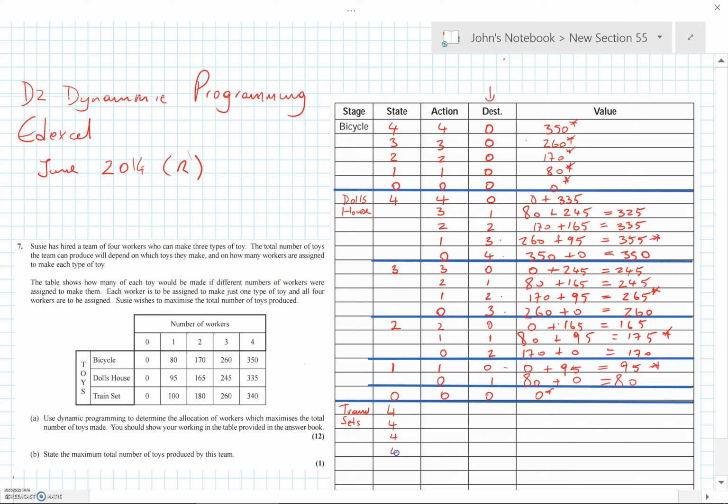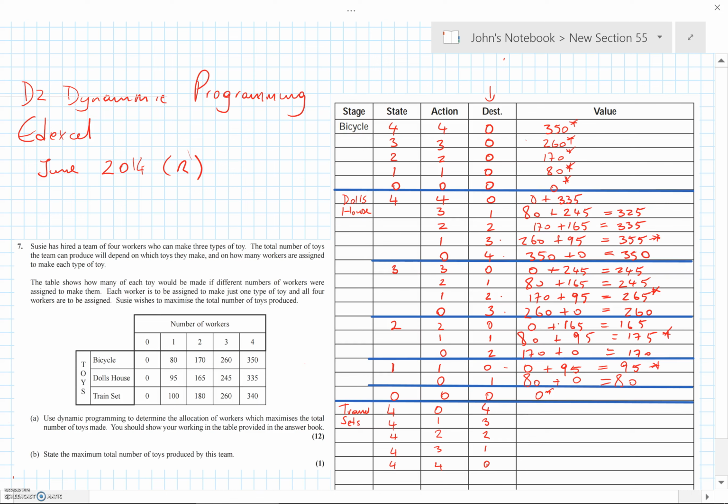Obviously, there's always 4 available at the start because we're considering train sets first. And if we look at the actions, we could have 0 to 4 doing train sets, and then the destinations would be as follows accordingly.